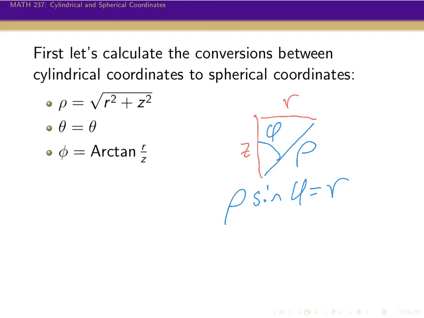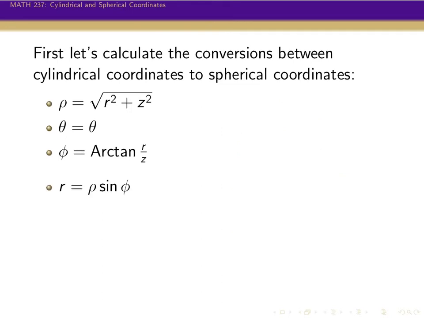Z is the adjacent side, so rho cosine phi is going to give us z, and theta still stays as theta. And so that's our conversion back from spherical to cylindrical. So r is rho sine phi, theta is theta, and z is rho cosine phi.